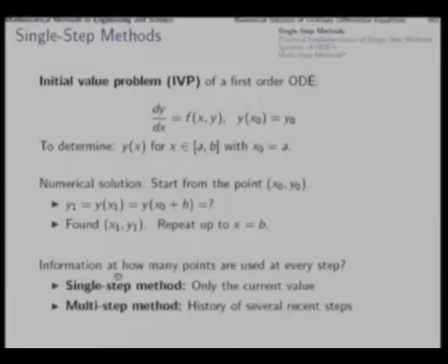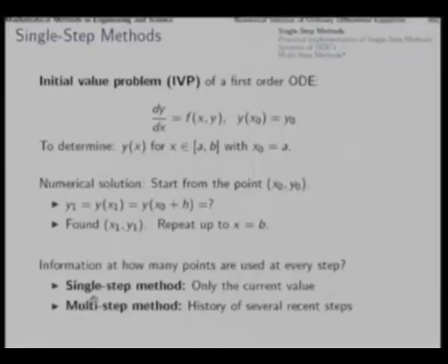So, before proceeding for that analysis, we have a quick look at the two kinds of methods which we can use. One is a single step method, in which only the current x0, y0 and the corresponding f is used at every iteration.